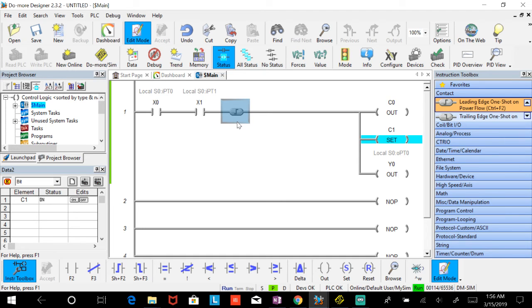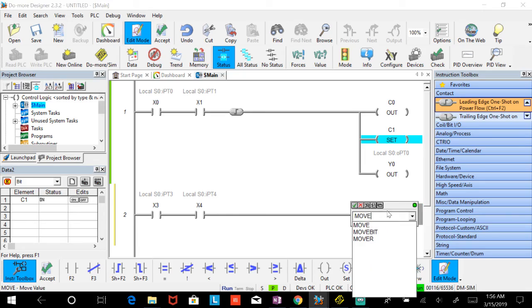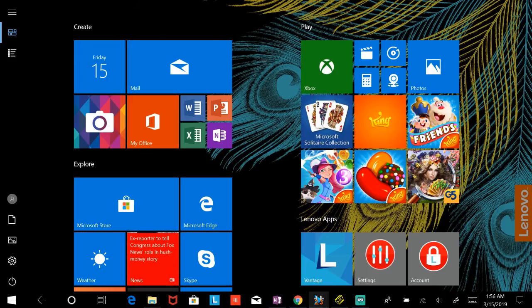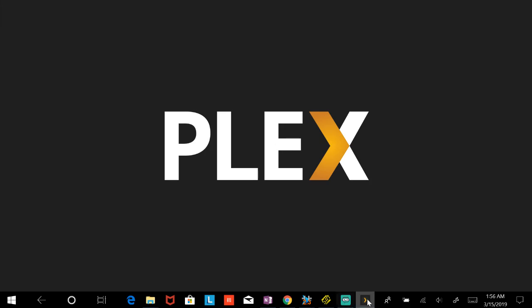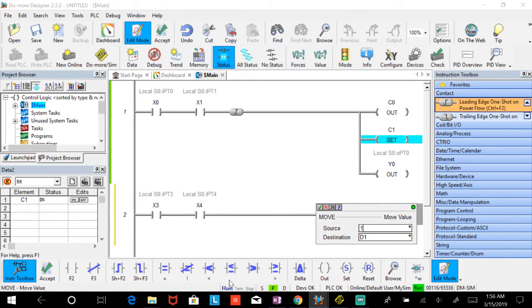So I'm going to show you an example of how you can use this. On the project, we have something like this, X3, X4, and then we have a move. We're going to move step 1.